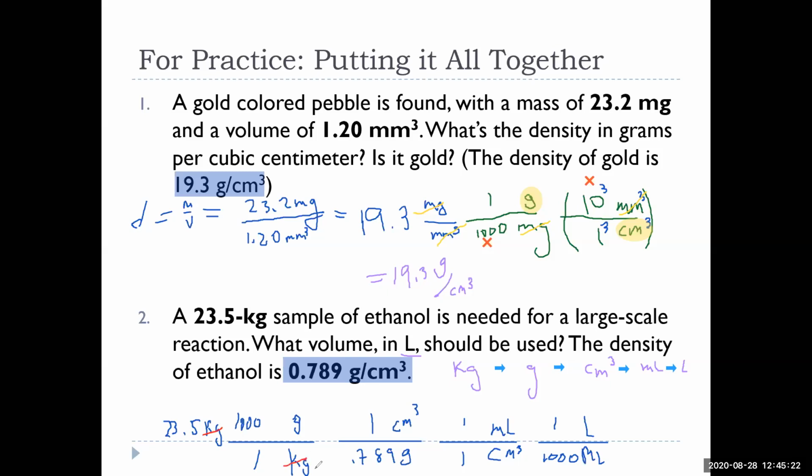Kilograms divided by kilograms, grams divided by grams, cubic centimeters divided by cubic centimeters, milliliters divided by milliliters. The only unit left behind, liters. Great, that's what we're looking for. Seems like we have this set up right. All that's left is punching this into our calculator. We can do 23.5 times 1 times 1 times 1 divided by 0.789 divided by 1,000 and get our answer, probably to 3 significant figures.